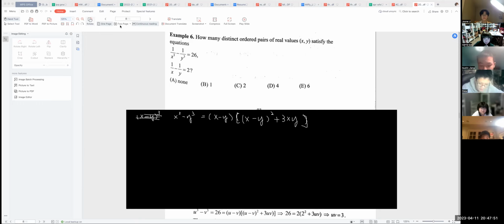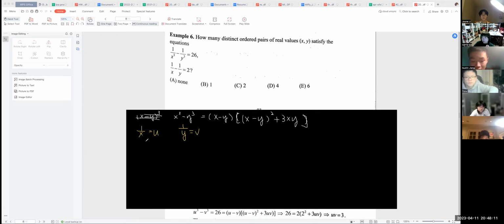So for this question, actually everything is the same as the earlier question. The only thing is 1 over something, which makes me really uncomfortable. So just make 1 over x equals u and 1 over y equals v. Okay, everybody? Remember, Peter, this question is hard for you and it's hard for everybody.